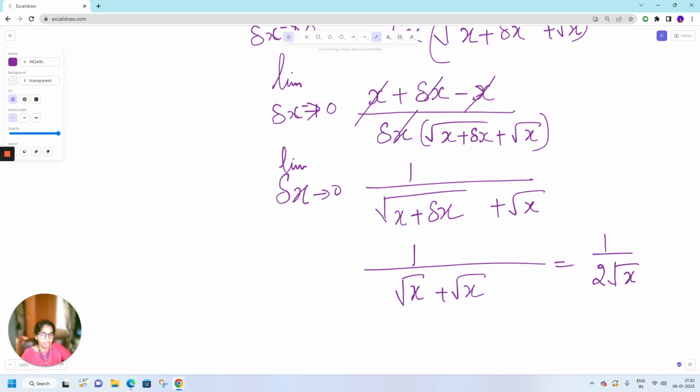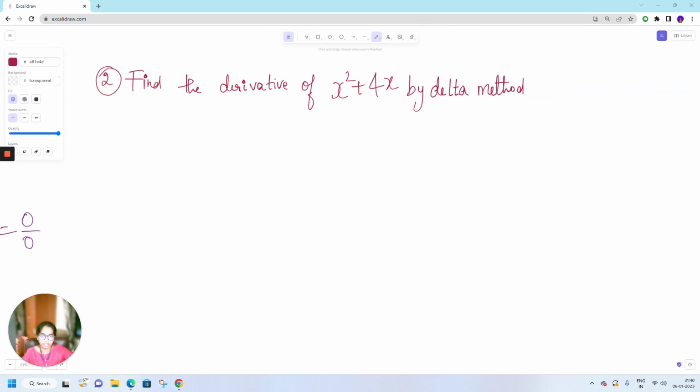Now moving on to our next question, that is, find the derivative of x square plus 4x by delta method. They even call it the first principle method. So how do we solve this?